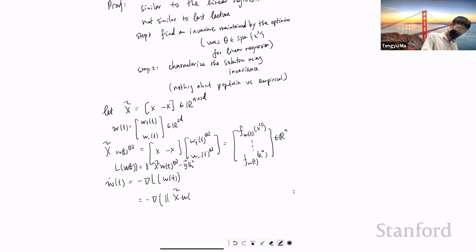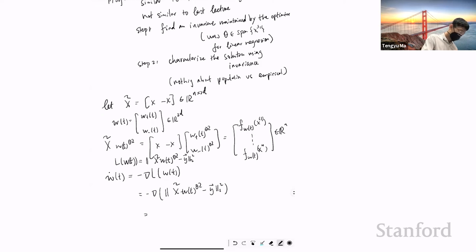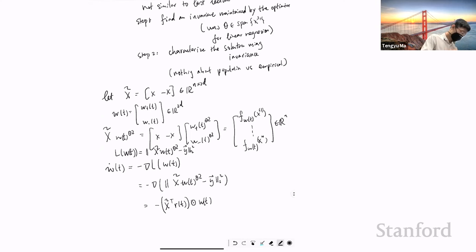Let's copy paste here, and then I take the gradient. Taking the gradient, you can use the chain rule. If you believe me that I got the right chain rule, this is x tilde transpose r_t entrywise times W_t, where r_t equals x tilde times W_t circle 2 minus y, the residual vector.